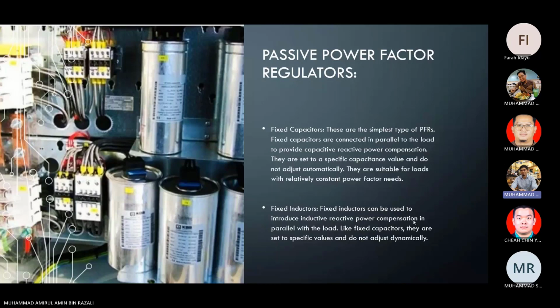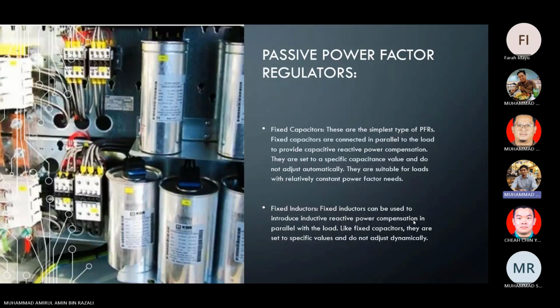Now I will continue to passive power factor regulators. The first one is fixed capacitors. These are the simplest type of PFRs. Fixed capacitors are connected in parallel to the load to provide reactive power compensation. They are set to a specific capacitance value and do not adjust automatically.